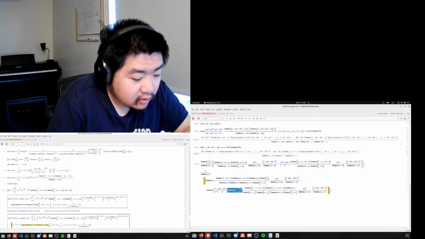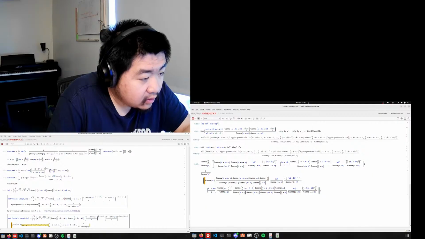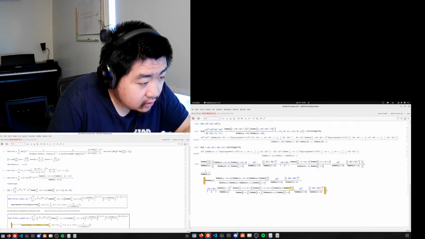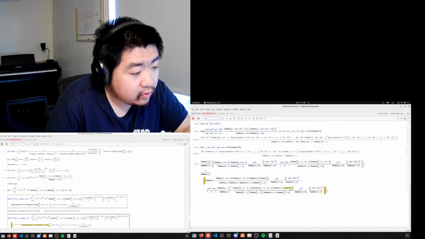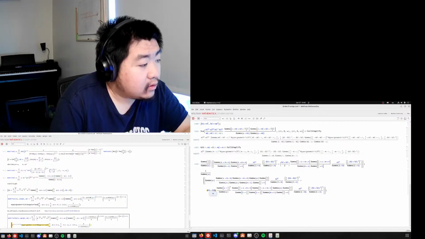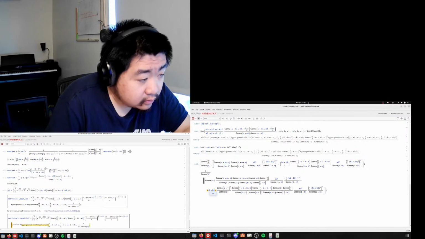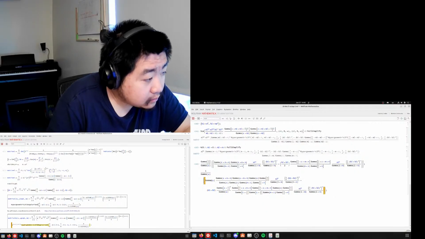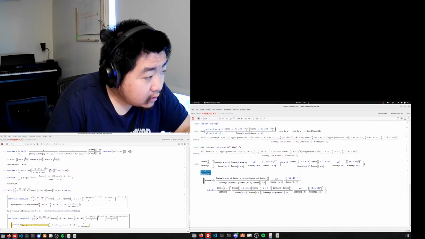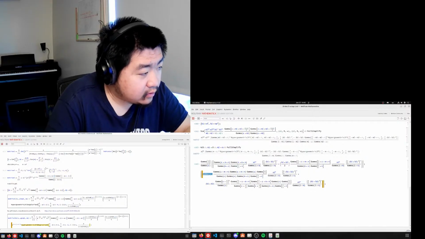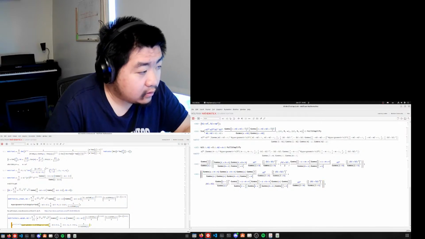I have to divide by this. And I have to multiply by this. Over 2, again, not 3 halves. Nice. Okay. And let's do that as well. Just do this.